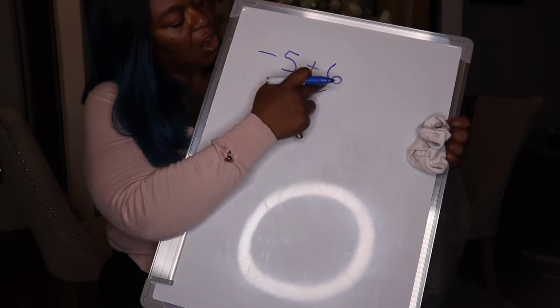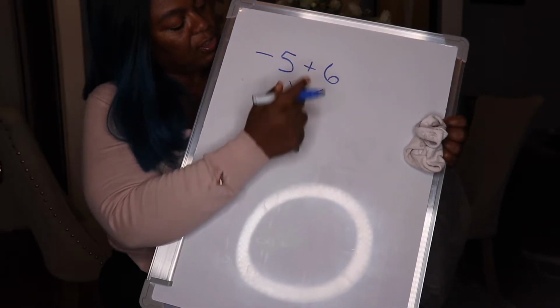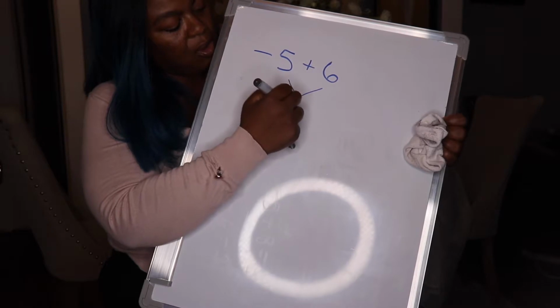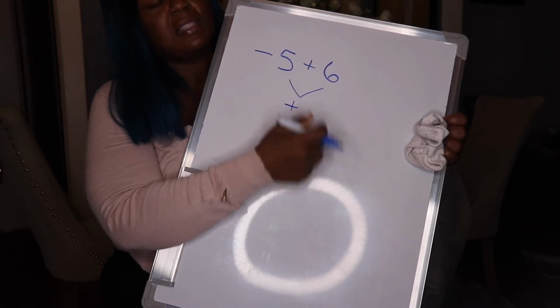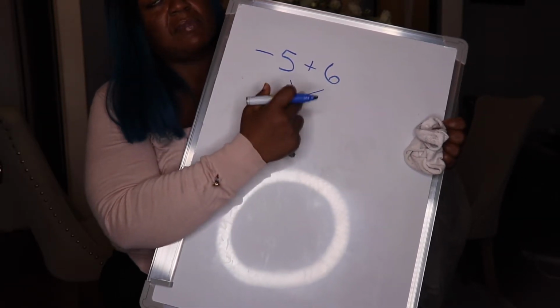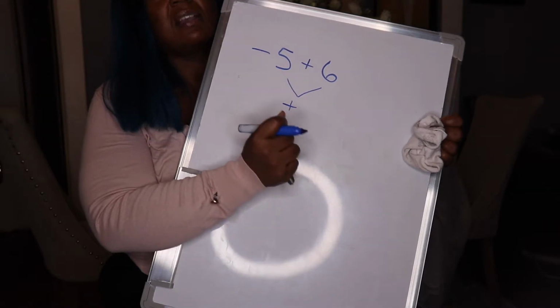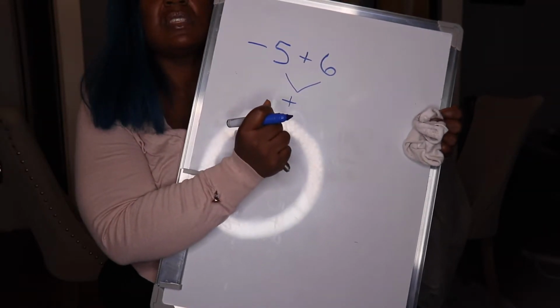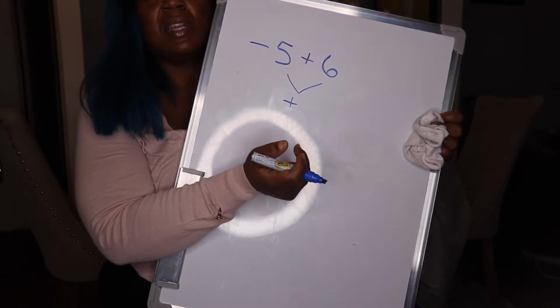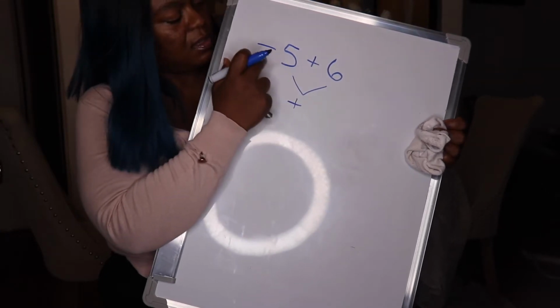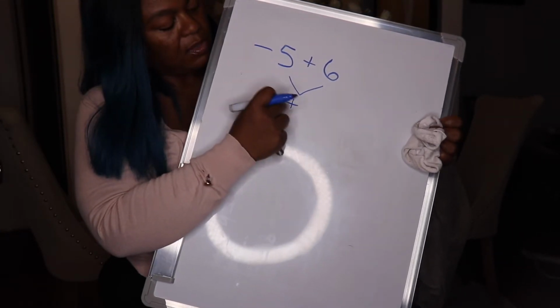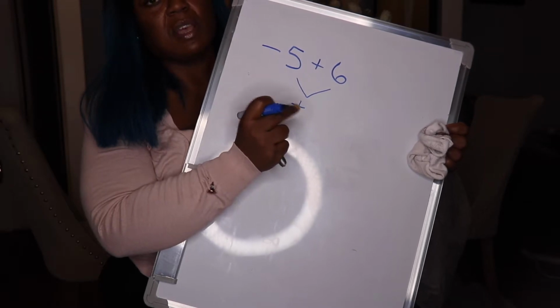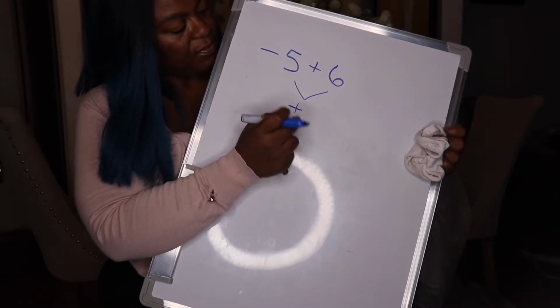The 6 is larger than the 5, so we know our answer is going to be positive. No, we don't write a plus sign for positive, but I'm just going to go ahead and write positive just so we can keep track. Because what I find is a lot of students will make the mistake of putting a negative for their answer because the negative came first. So just so we don't write down the wrong sign, I put the positive.